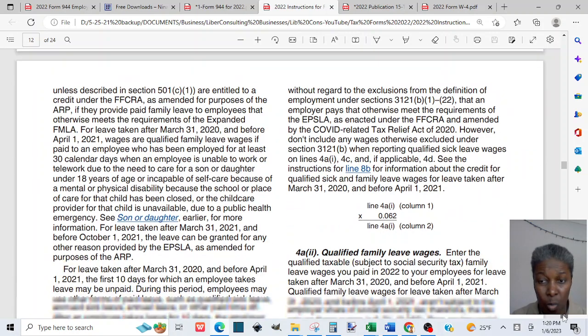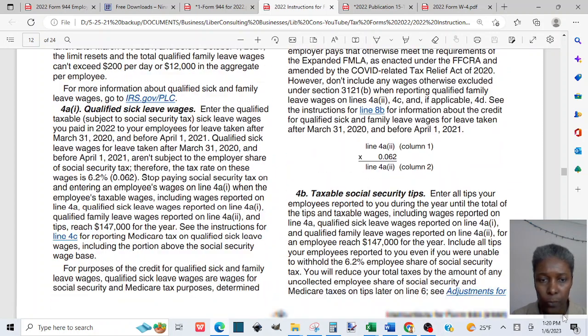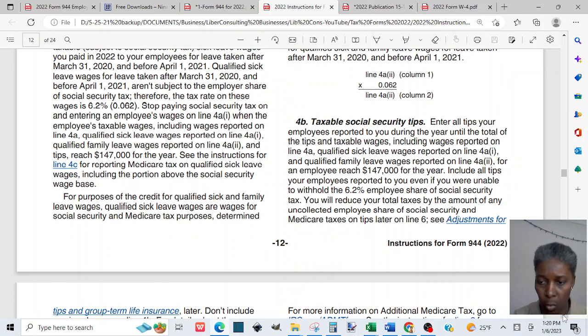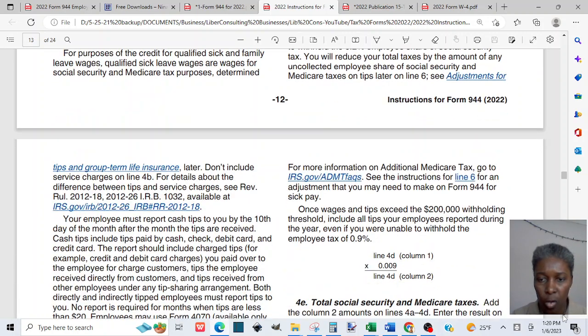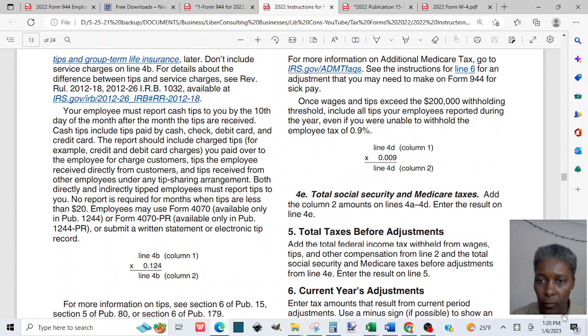If you are paying an employee more than a certain dollar amount, once you reach that threshold of $200,000, the excess past that amount, you will withhold, while you are withholding 1.45% for Medicare tax, 0.9% additional off of that excess.